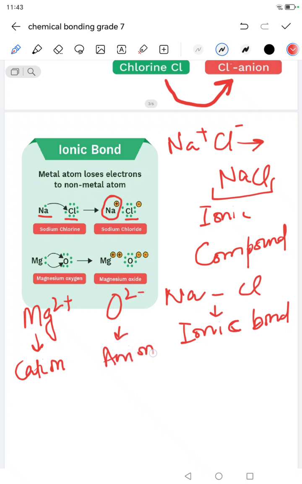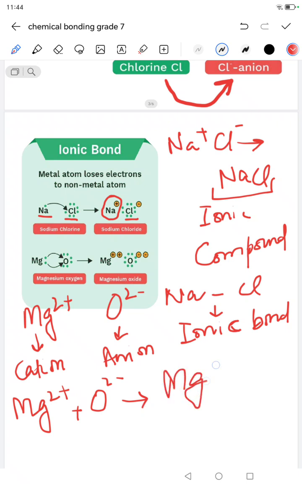These two, anion and cation, combine to form the ionic compound. So here Mg2+ will combine with O2- to form MgO. This is the ionic compound, and the bond in between magnesium and oxygen is the ionic bond.